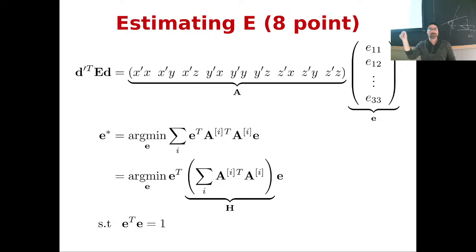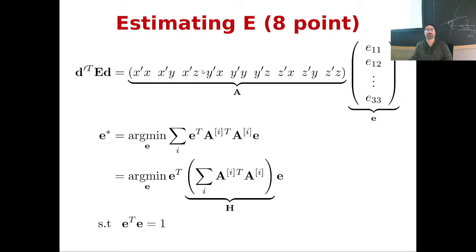If you do the products, you will have the sum of 9 products, and then you group the terms, and you will find out that you could express this product by a certain horizontal vector, bold A, which multiplies a certain vector E that contains the coefficients of the matrix E. Okay, guys? Is that clear?